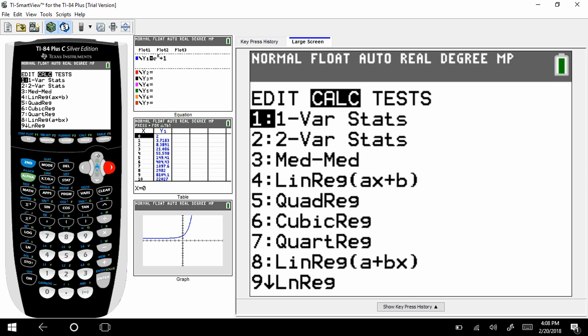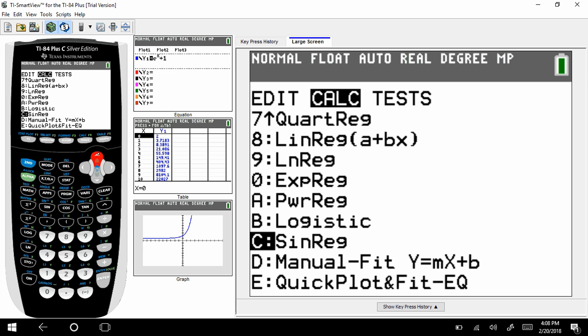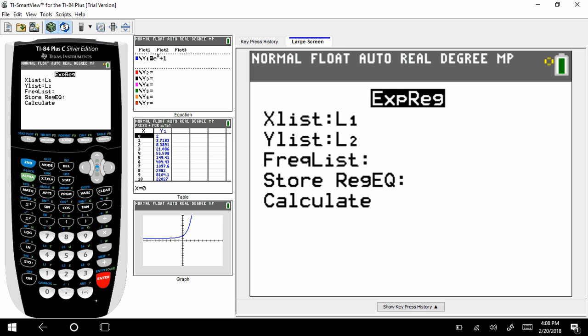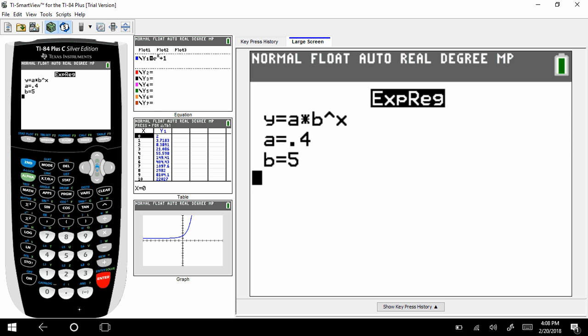This time we want to calculate, and we're calculating exp for exponential function. Then your list 1 is your x's, list 2 are your y's. Hit enter a few more times. Okay, now it tells you what the equation should look like, so you're going to plug in the a value and the b value.